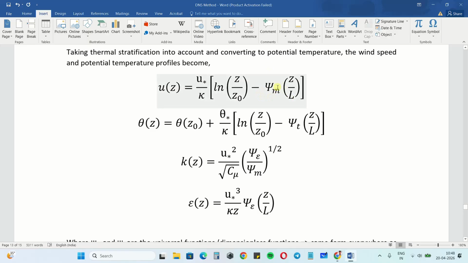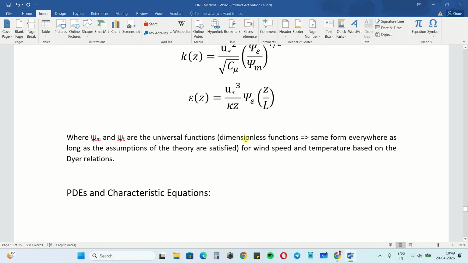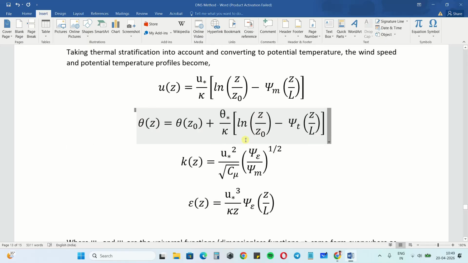Okay, and psi m here are dimensionless functions. So you plug into the function and you get a value, but they are not numbers. Yeah, you can look into that. But the key point is the wall functions are modified to account for the stability effects.